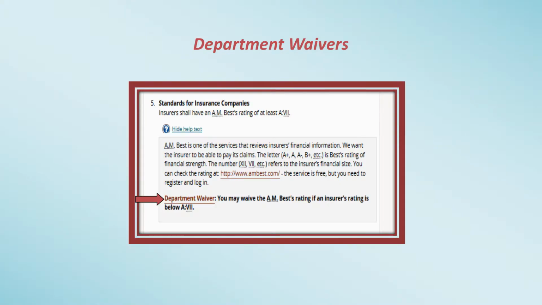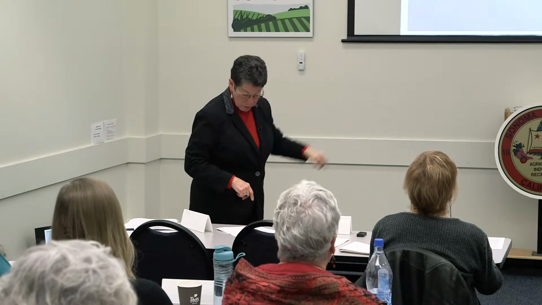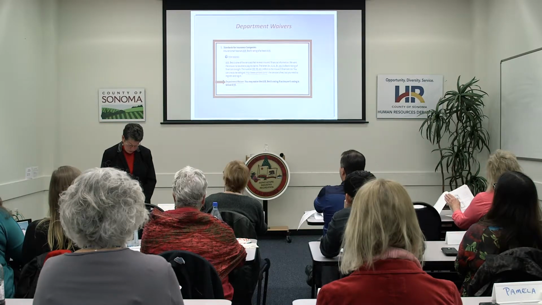So this is an example in every template, the AM Best rating, when you open up the help text, you get an explanation and it indicates department waiver. No guessing. If it ain't there, there's no department waiver.